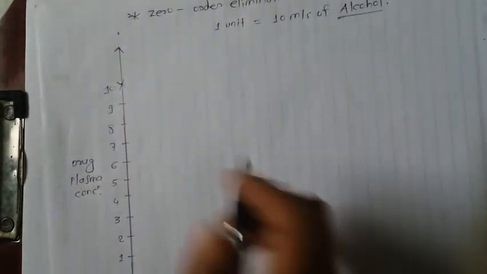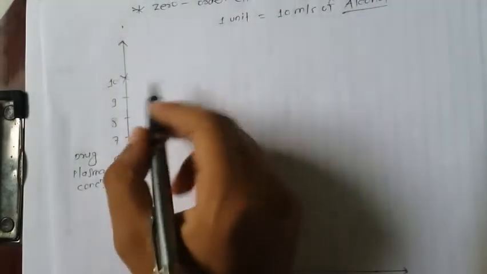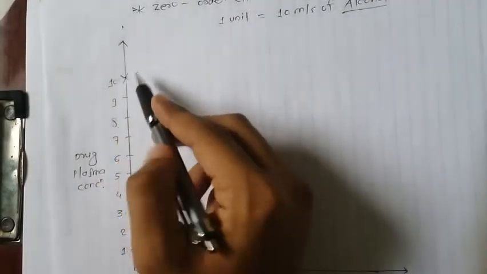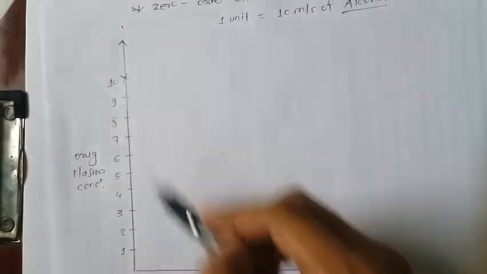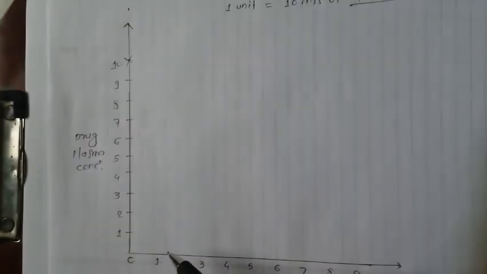After the first half life it will be 9 units. So 1 unit of alcohol is eliminated from the body per hour.